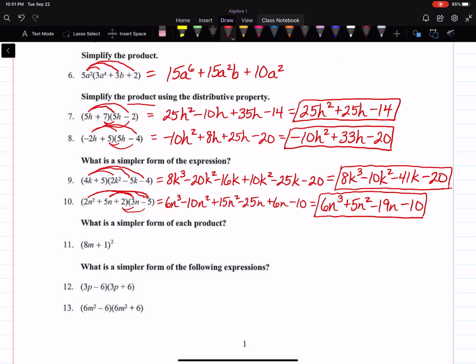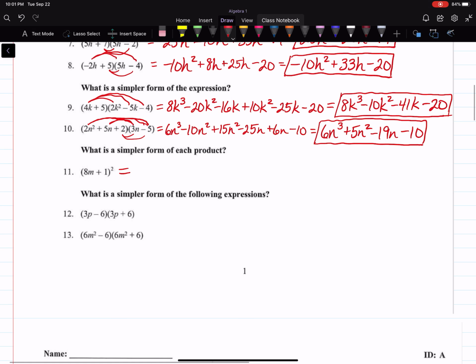Number 11. We're still multiplying, so if you want to write this out twice, you can. There is a shortcut. When you are squaring something like this, you're just going to square both terms in your binomial.